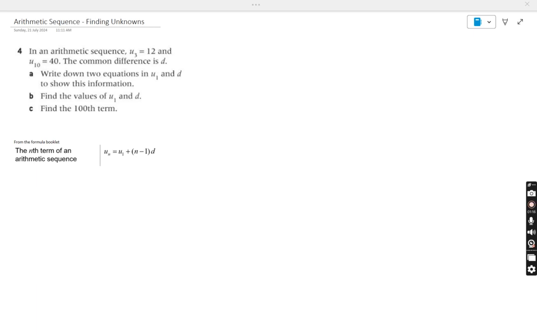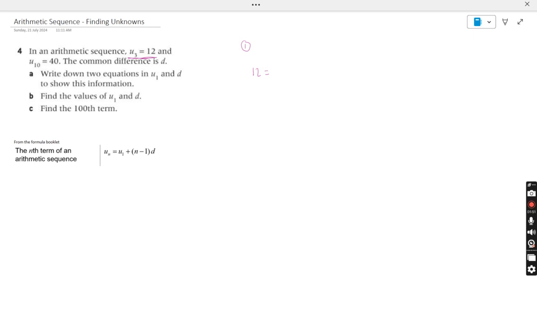So the first question says write down two equations in U1 and D to show this information. Up here, I'm just going to write a number 1 for the first equation. Instead of Un, using the stimulus from the question, I'll underline it up here. So I've just underlined part of the question there. Instead of Un, I'm going to have U3. So it says here that U3 equals 12. So I'm going to have as my equation 12 equals U1.